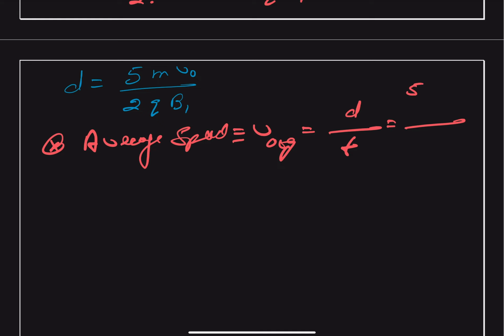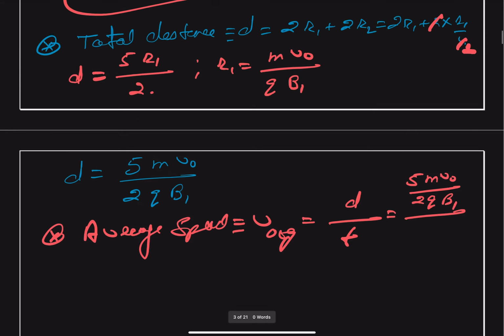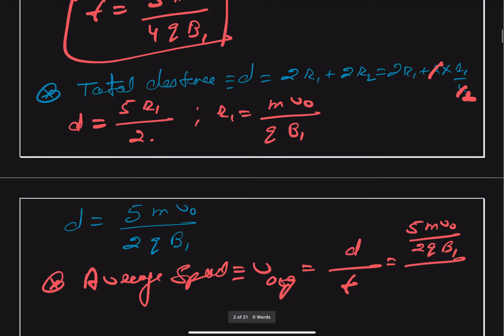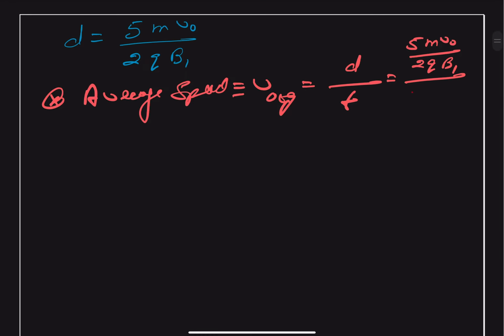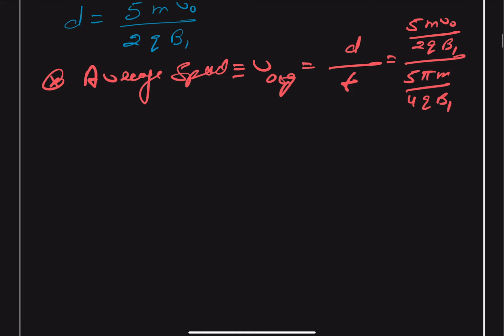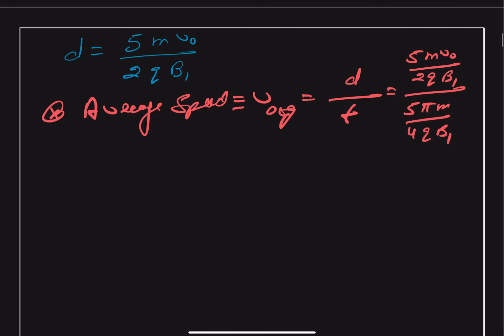So we can write this 5 m v0 divided by 2 q b1, and t we found out is 5 pi m divided by 4 q b1, and here m q b1 cancels out.